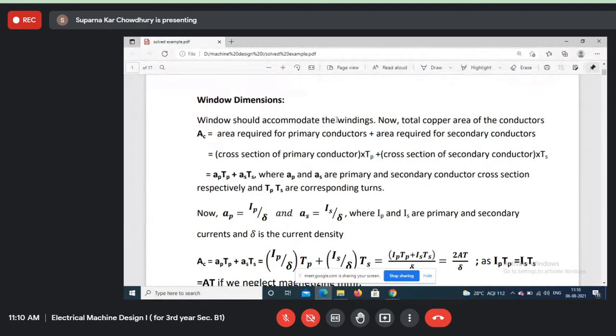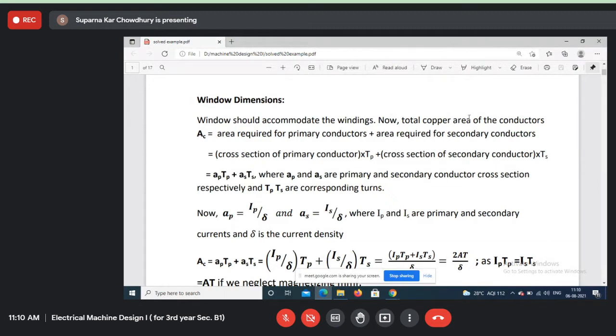The window should accommodate the windings. So the space we provide for the window should be sufficient to accommodate the winding, but we should not allow excess space, because that will require excess material and the cost will increase. So we start from this point, that the window should accommodate the windings.